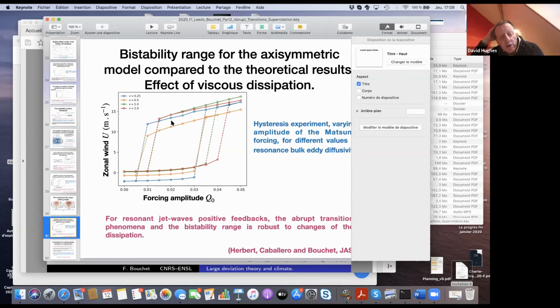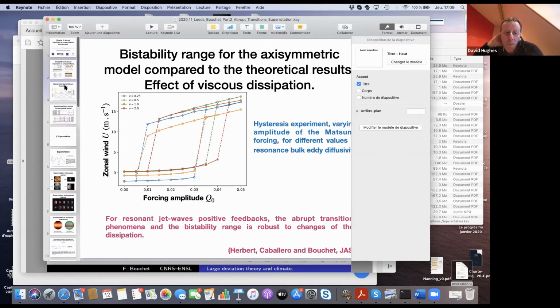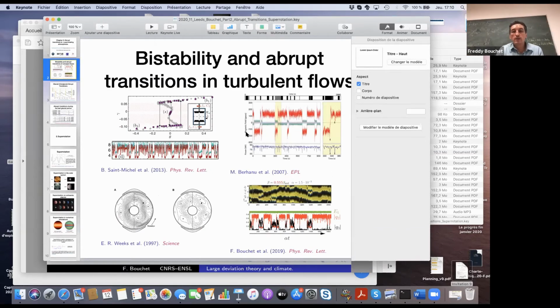Okay, can I ask another one? The obvious problem to many in this group about abrupt transitions is, of course, the geodynamo and reversals of the Earth's field. Can you say anything about that? This is the VKS dynamo. The only thing I can tell you is that we are working with some colleagues in Grenoble to try to apply these methods to MHD numerical experiments.